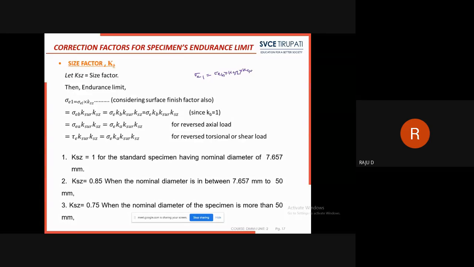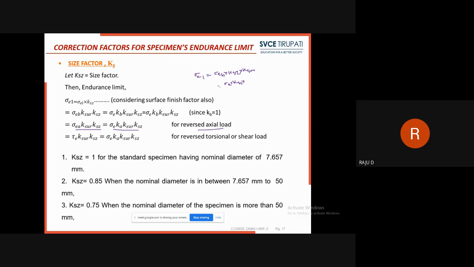Now how are we going to write sigma EA? Same routine: sigma E into KB into KSZ, that is size factor into K surface factor. Like that, you clearly expand each and every case in our three loading conditions. If it is axial loading, sigma EA into K surface into K size.